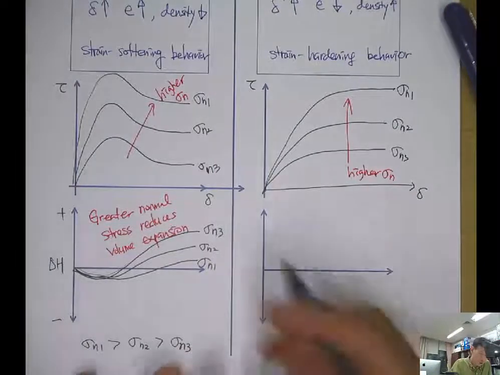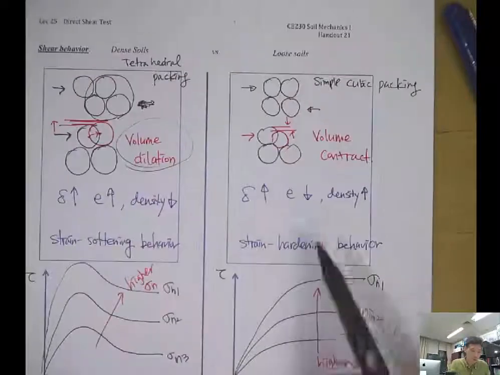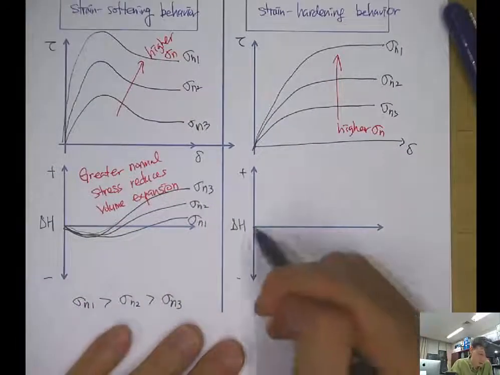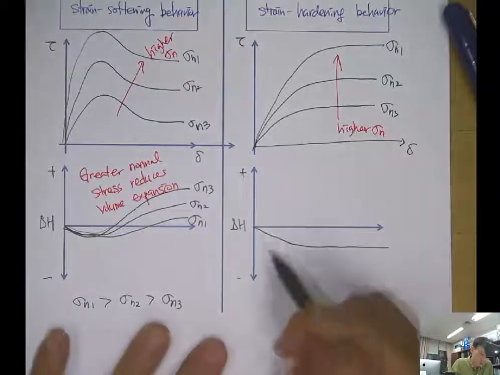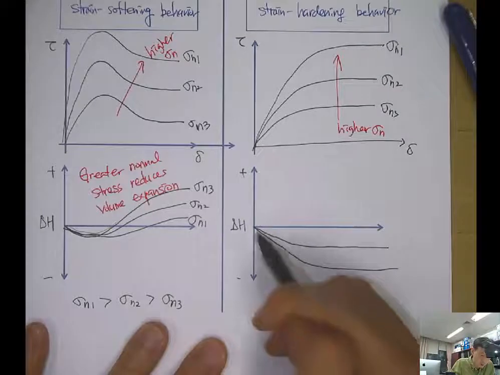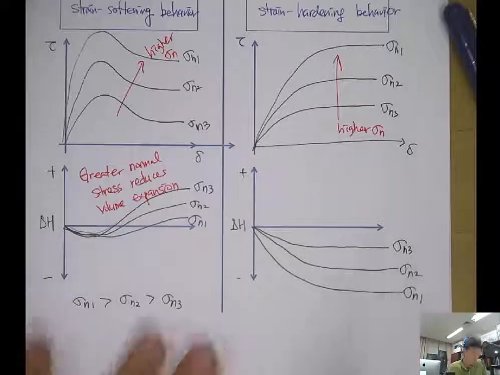And for the volume change, because it tries to contract, it will go down like this. Because the normal stress is bigger, they will contract more and more: sigma n3, sigma n2, and sigma n1.